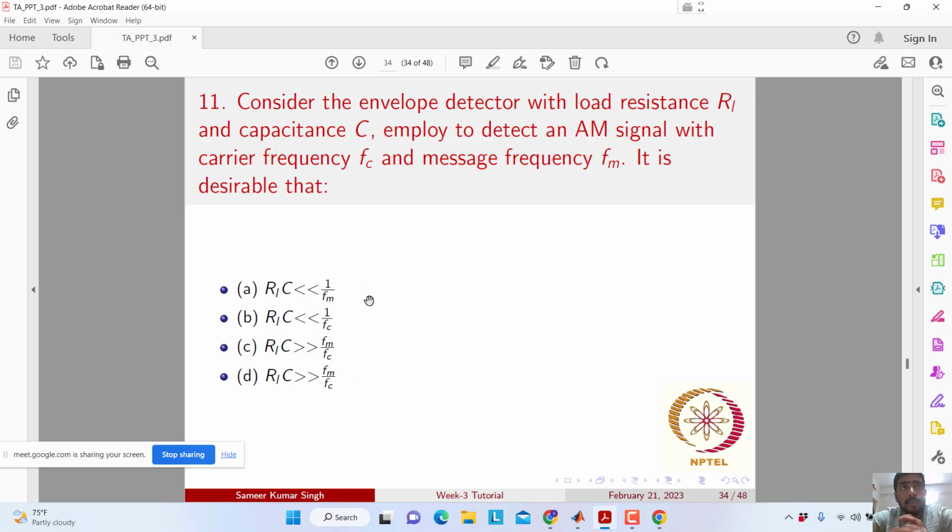Question number 1 and 2 is same. There we did the numerical. So tell me which option is correct?